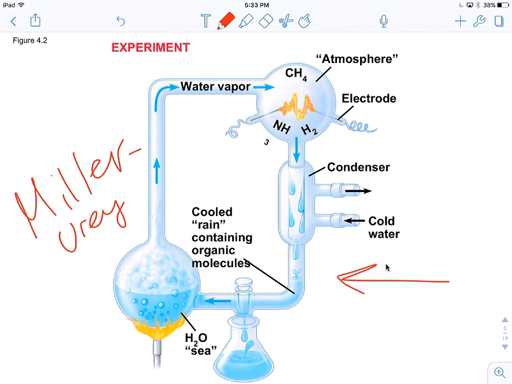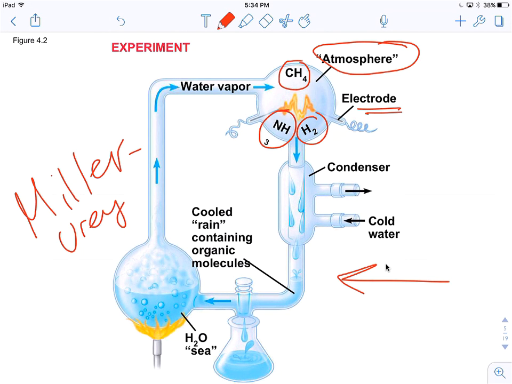Make sure you can recognize this apparatus. So we put all the stuff that was in the atmosphere. It was a very, very stormy time way back then. So we put some electricity through our atmosphere containing compounds like methane. This is ammonia. The 3 is supposed to be by the nitrogen, hydrogen. These were all present in the early atmosphere.